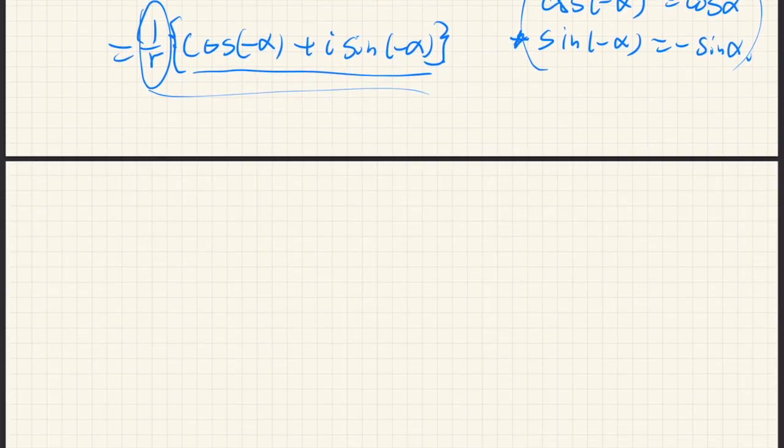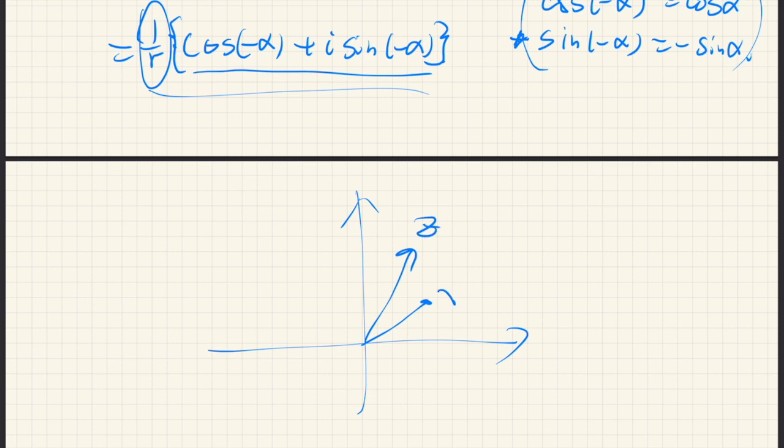Okay? So that means if we have some point, let's say this is u, and we multiply u by z, then u is rotated. Let's say this angle is alpha, so u is rotated by alpha and scaled by r.